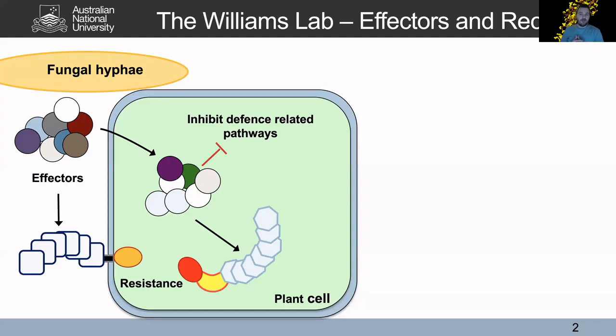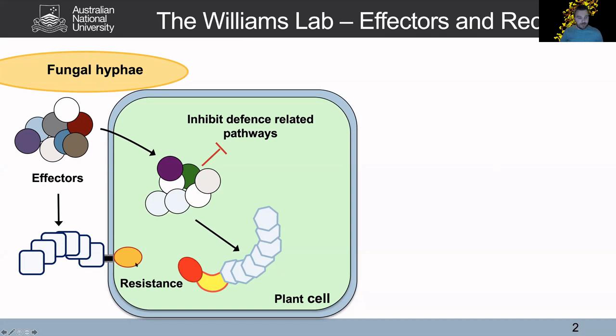So I recently started my own research lab at the Research School of Biology at the ANU, and my lab is predominantly interested in effectors and receptors. When I say effectors, we're mostly interested in fungal effectors. These are proteins that fungi produce and utilize to aid in their infection strategy of a plant cell.